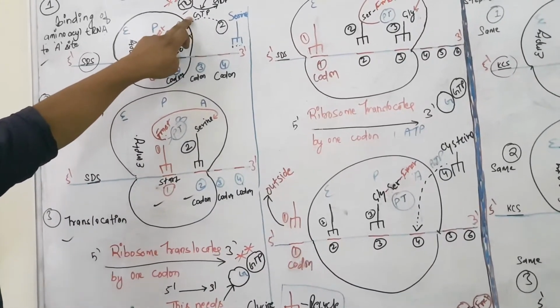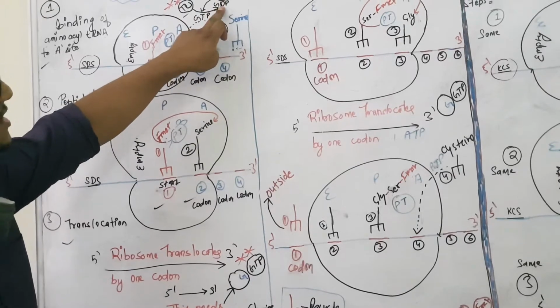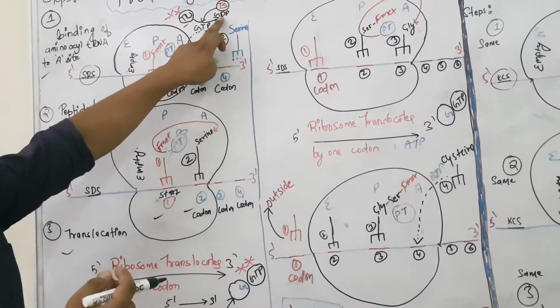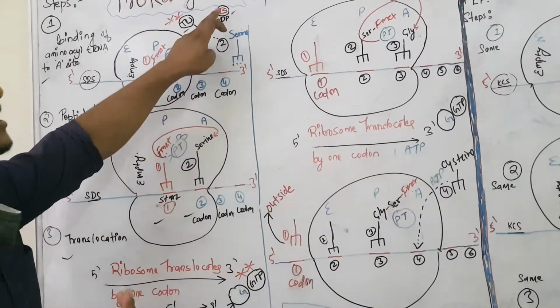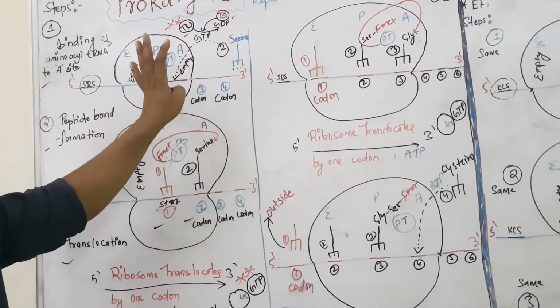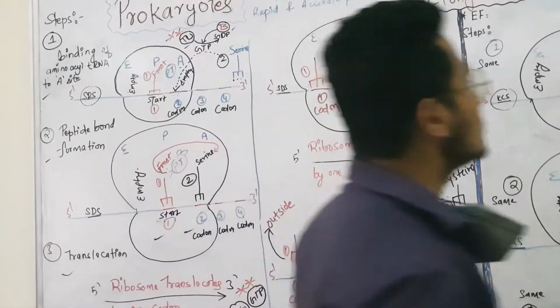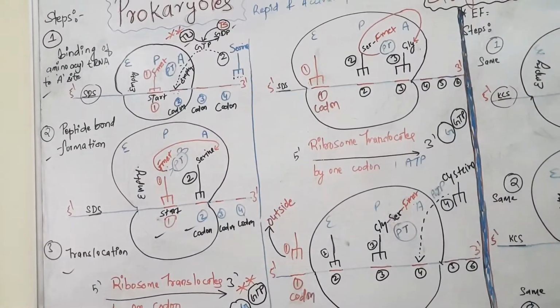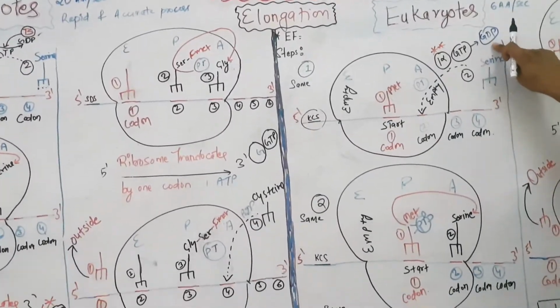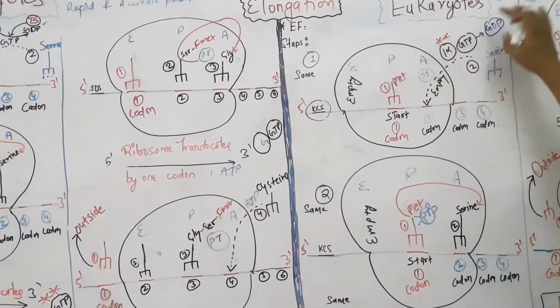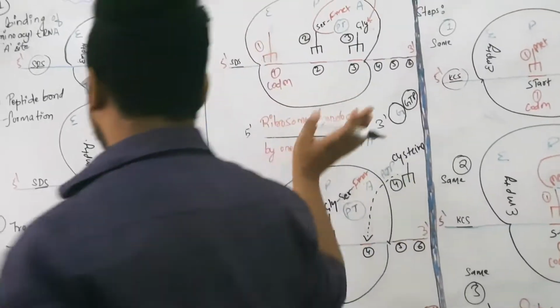This GTP will be hydrolyzed into GDP, and this GDP will again be phosphorylated into GTP by another protein, that is Ts. This happens in case of prokaryotes. While in the eukaryotes, what happens is that elongation factor 1 alpha is a GTPase protein, and this will hydrolyze GTP, which will give energy, and again this will be recycled in the same way.